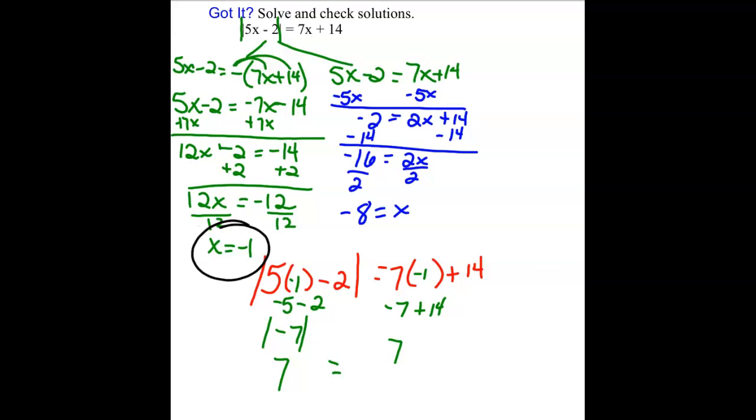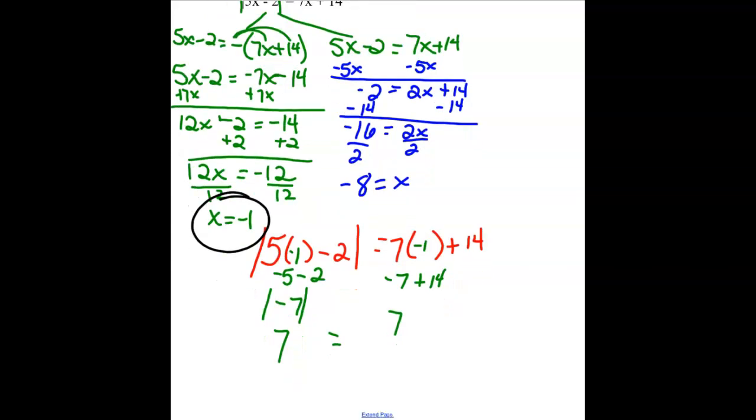Checking the negative 8. So this time we're plugging in a negative 8. 5 times negative 8 is negative 40. Minus 2 is negative 42.